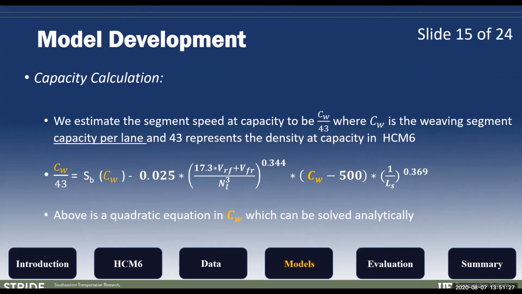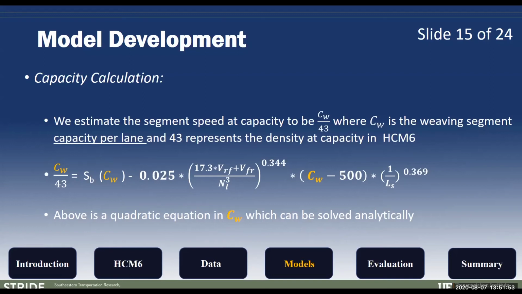One of the most important contributions is that once you have this model, one can calculate capacity directly, consistent with the model. So we don't have a capacity model that is inconsistent with the speed model. And it's a very simple way, because in the HCM, we determine capacity to occur at a density of 43.